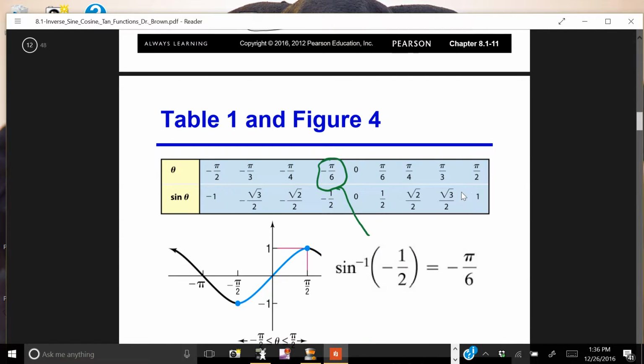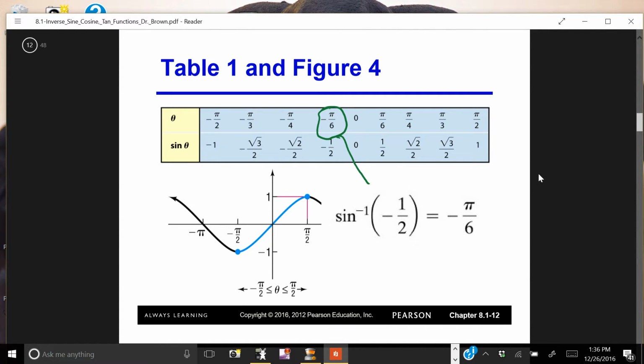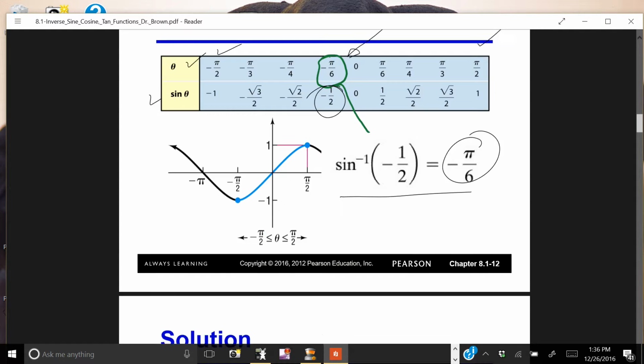The other way you can do it is take the table of angles and the sine of the angles between minus pi over 2 and plus pi over 2, and look at minus 1/2, and then go backwards to minus pi over 6 for the angle. So here again, the inverse sine of minus 1/2 is minus pi over 6.